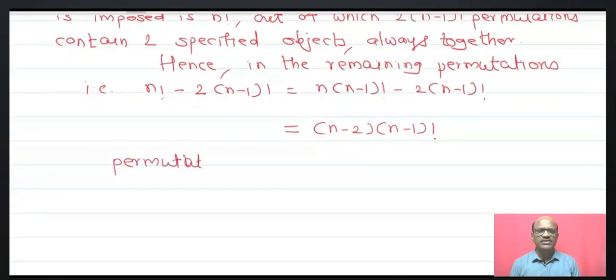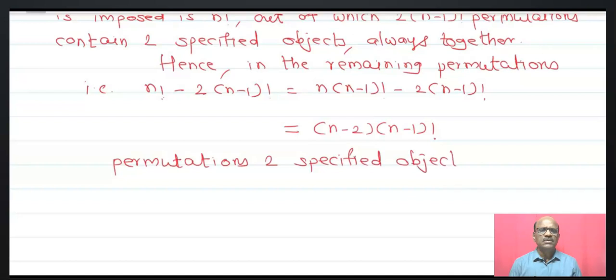Therefore, these are the permutations where two specified objects never come together.